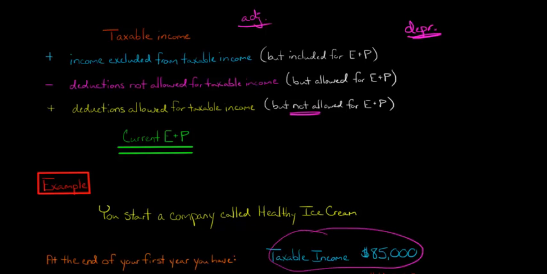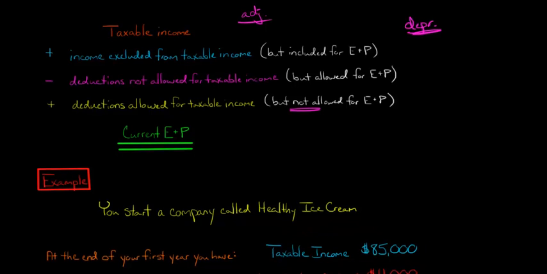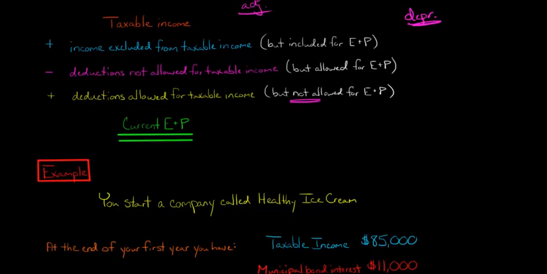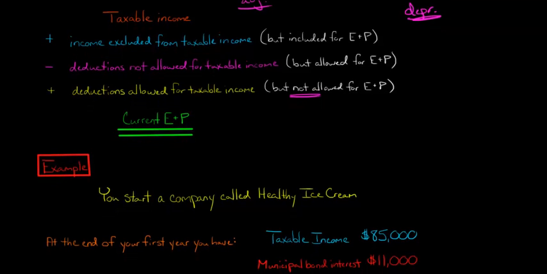income is $85,000. But then you notice that you have municipal bond interest. Maybe you own bonds in the state of Illinois, some kind of municipal bond, and you got $11,000 of interest from that. That's exempt for federal income tax purposes.